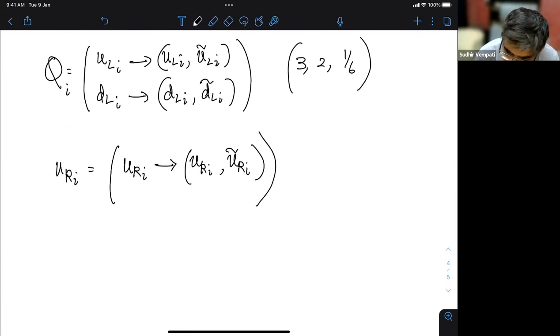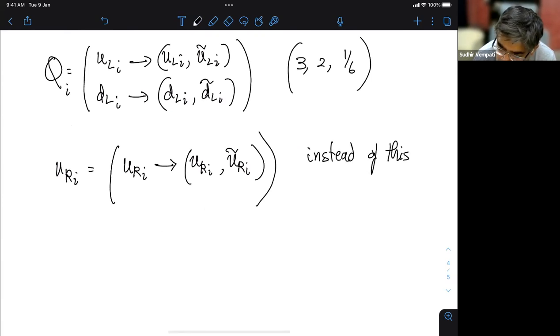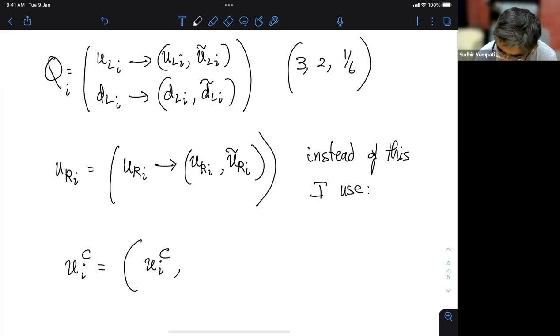So instead of this, I use U_i^c, just to distinguish between these. U_i^c is equal to U_R^c, U_i^c tilde.